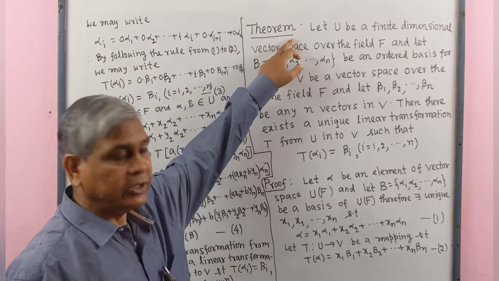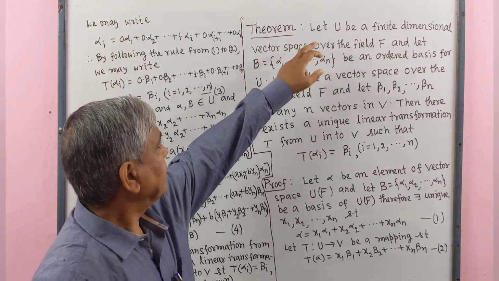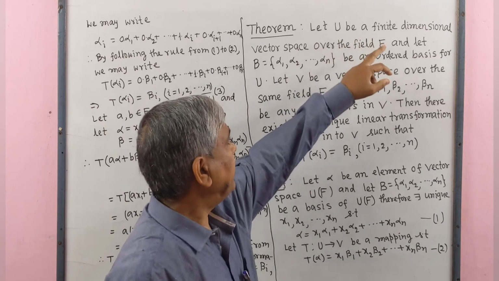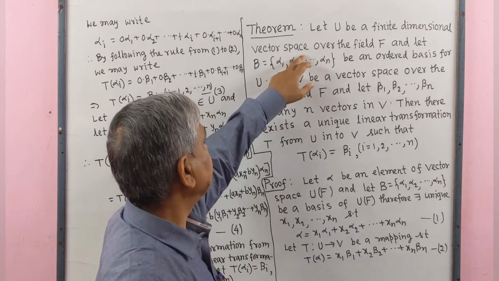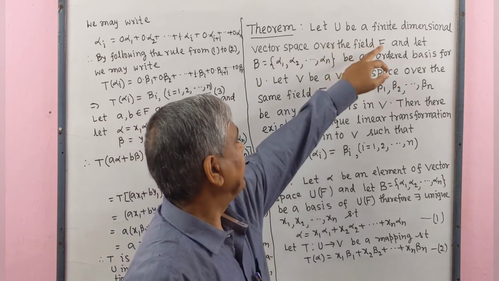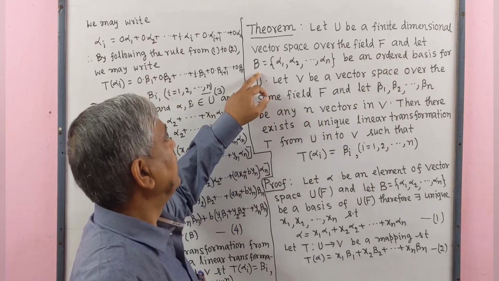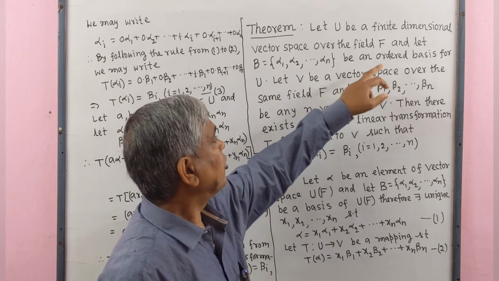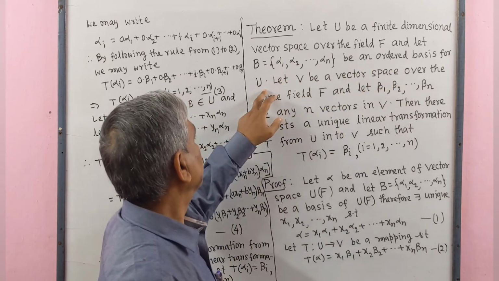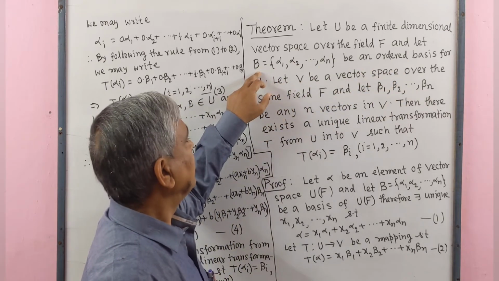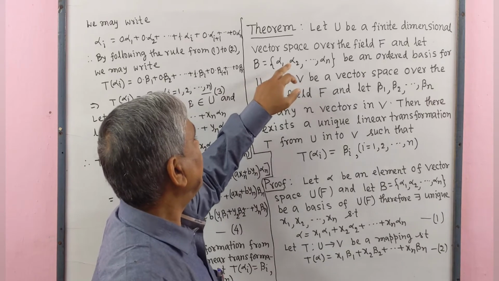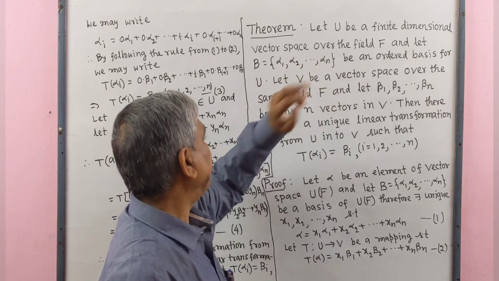Now we prove a theorem. Let U be a finite dimensional vector space over the field F, and let B be an ordered basis for U. B contains vectors alpha 1, alpha 2, ..., alpha n.